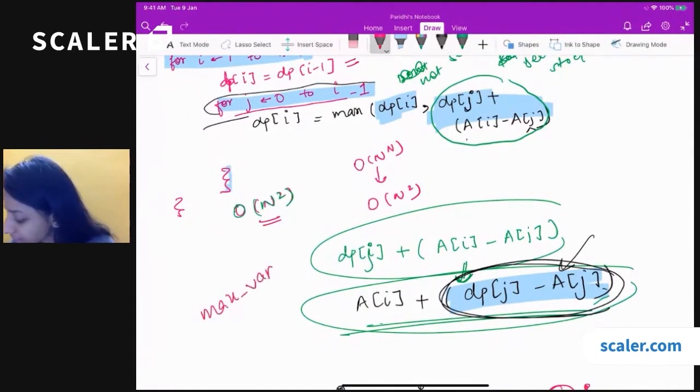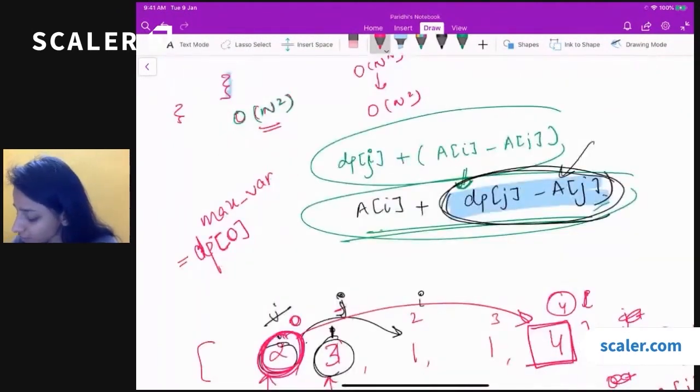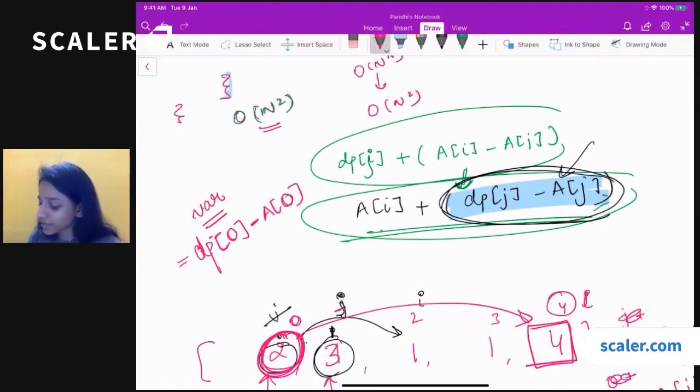Initially it will be initialized to DP of j, which will be nothing but 0. Initially the DP of j is 0, right? And we will be doing 0 minus a of j. So we will get DP of 0 minus a of 0, let's call it variable only. Okay, this will be initialized.